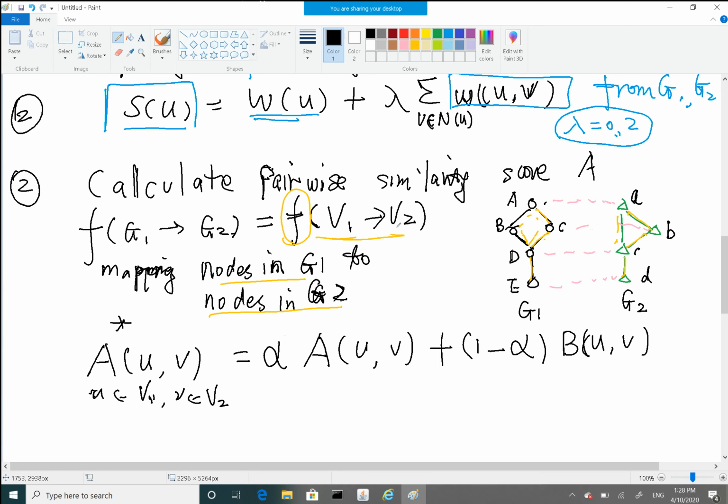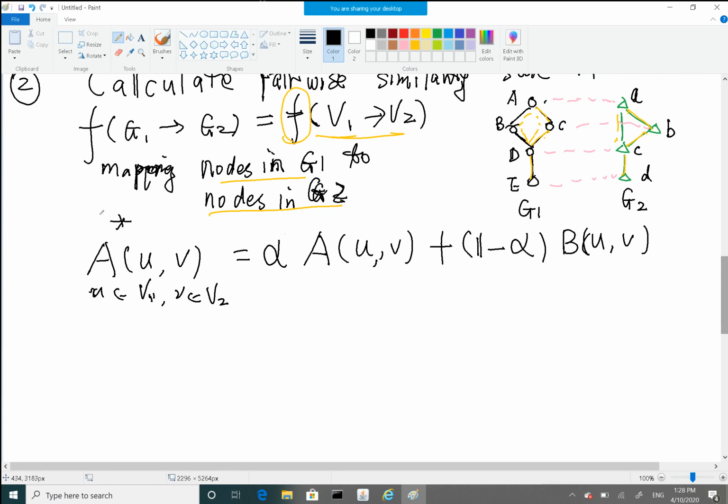I will show you what that is. A(u,v), in these two parts, corresponds to topology importance similarity.